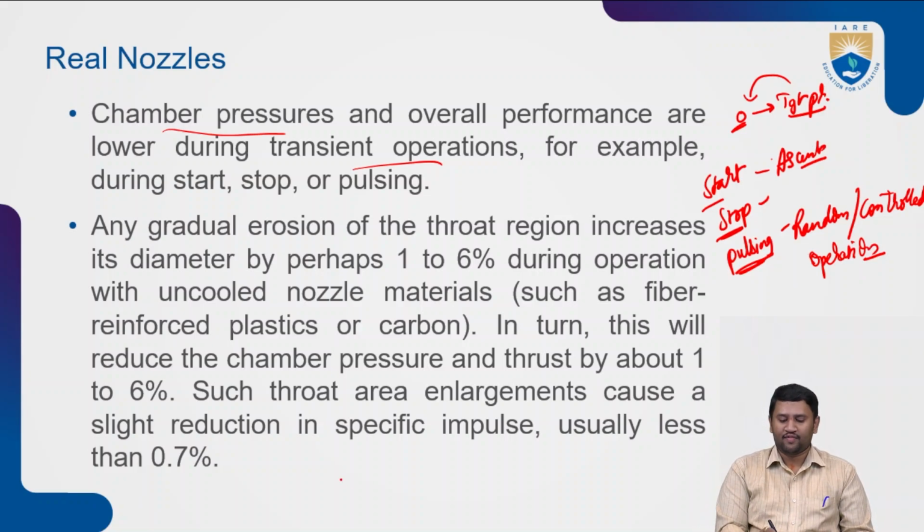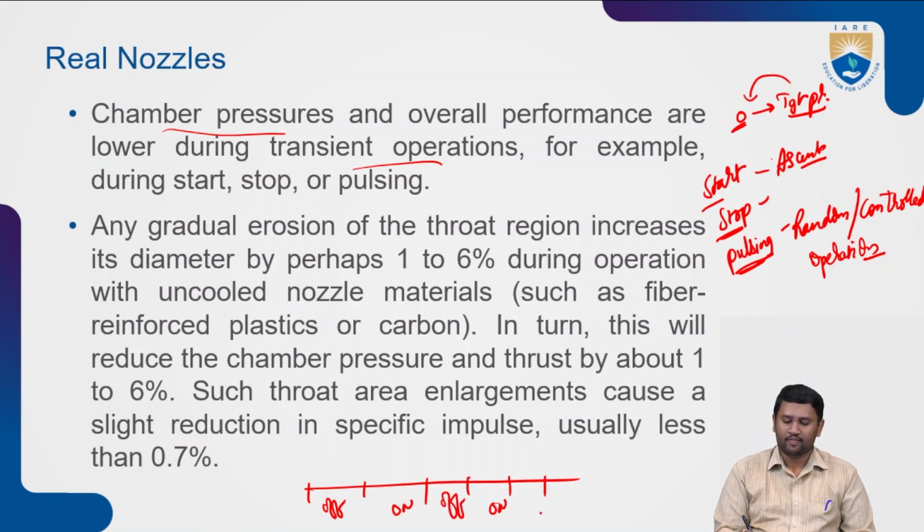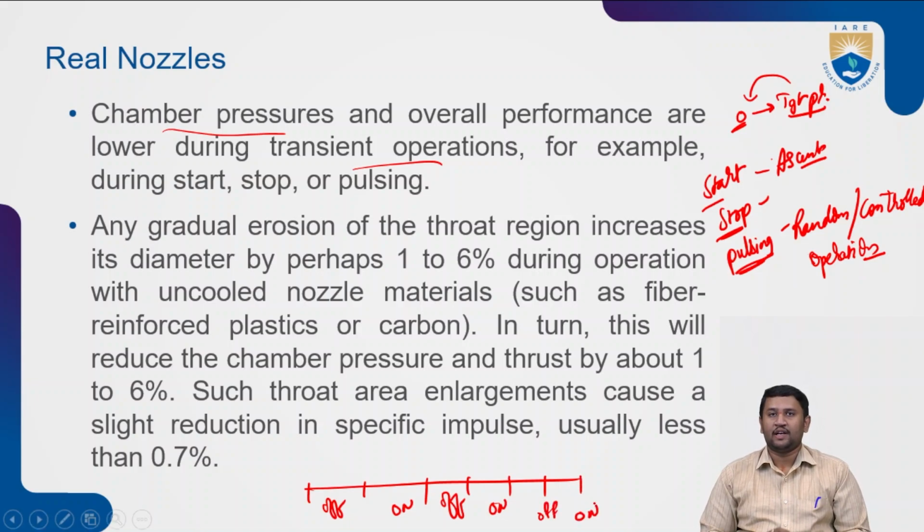Let's say over a period of time, you want the rocket engine to be off, on, off, on, off, on, with specific intervals of the rocket engine being off as well as on. In this case, you are intermittently starting and stopping your rocket engine. And during this, what happens?